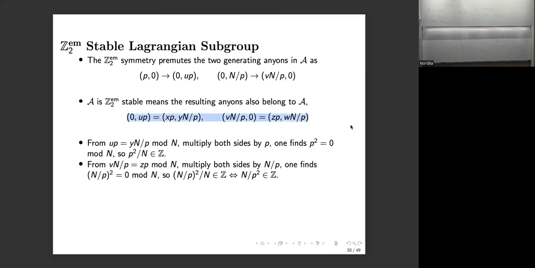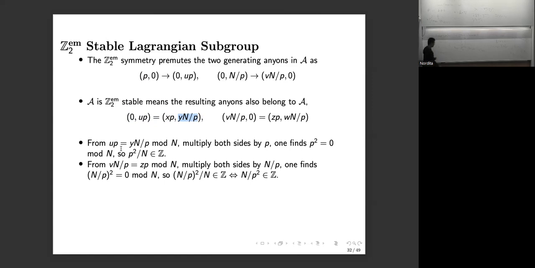So how to solve that? We first consider this u times p equals y times n over p. And this equation, of course, is valid only as a mod n number. And we can multiply both sides by p. So it means that u times p squared equals 0 mod n. But because u and n are coprime, we can safely drop this u factor.